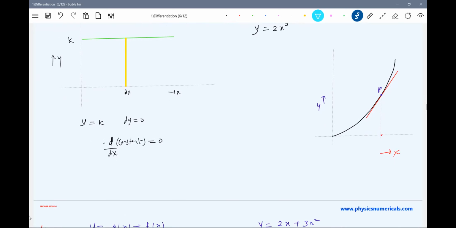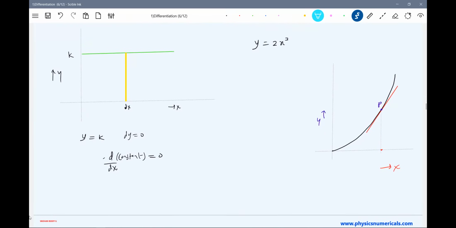Already we discussed, no? The derivative of 2x cube, we'll see what we get from the power rule. dy equals 2 into 3 x to the power of 3 minus 1 dx. Then 6x square dx. Now I want to find the slope at x equal to 3 for this curve.